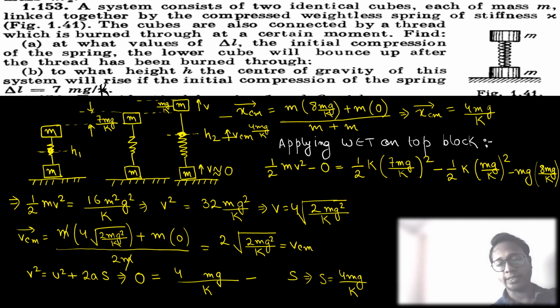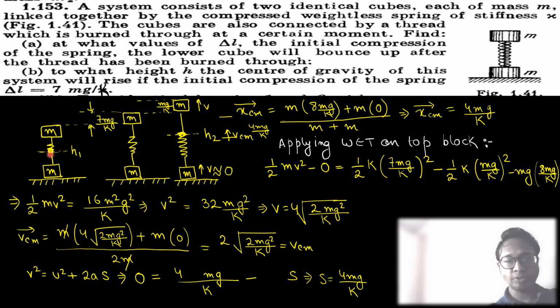Now the question is asking, what is the total rise of center of mass? Total rise of center of mass is the maximum minus this one. So from here to here, it has risen by how much?